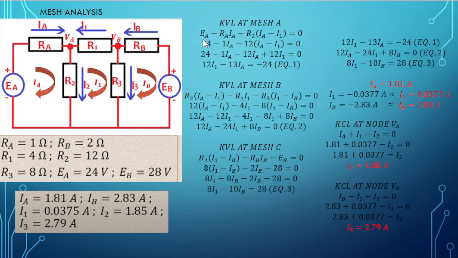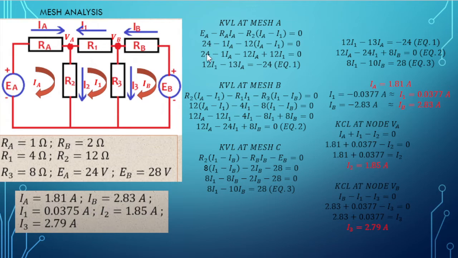So we have here EA minus RA times IA minus R2 times IA minus I1. So substitute the values.